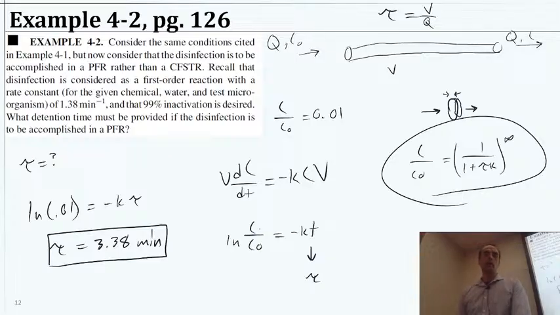And what you see here is what's happening in the CSTR is as soon as you add in your concentration to this big tank that has already been removing concentration, you have an immediate drop off. So your reaction rate that is first order depends on how much is there. But immediately as soon as you add it, how much is there has changed.